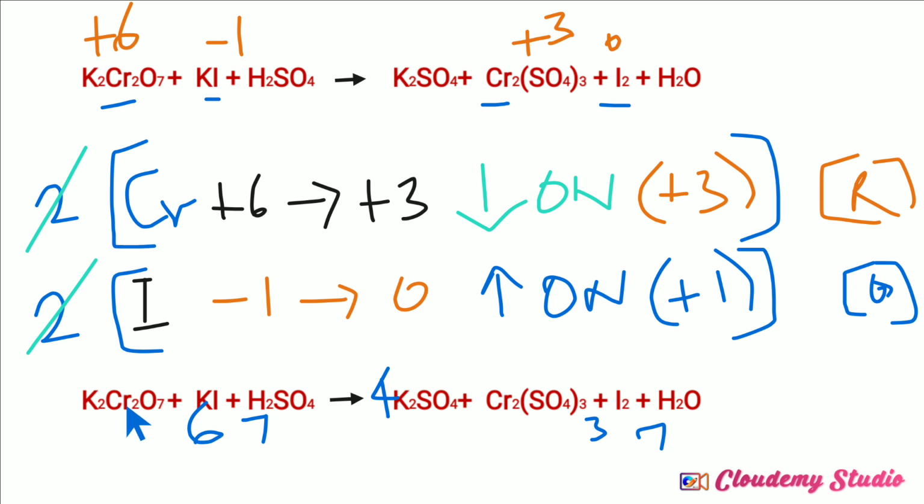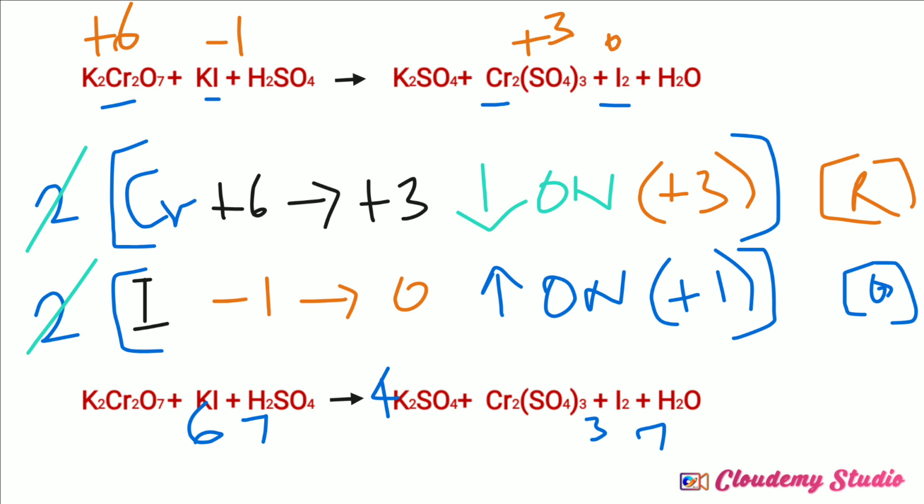Similarly, chromium, here 2 chromium atoms, here also 2 chromium atoms. Iodine, 6 iodine, here also 6 iodine, 3 times I2, 6 iodine. Sulfate 7 times on the right hand side, here 3 times, here 4 times, 7 times. Then hydrogen, 7 times 2, 14 hydrogen, here also 14 hydrogen.